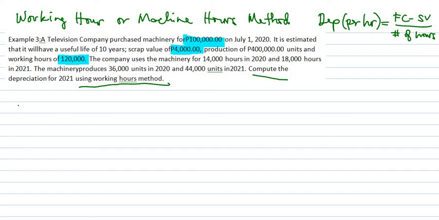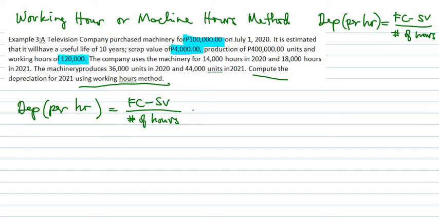So when we compute the depreciation per hour, that is equivalent to the first cost minus salvage value all over the number of hours capacity.